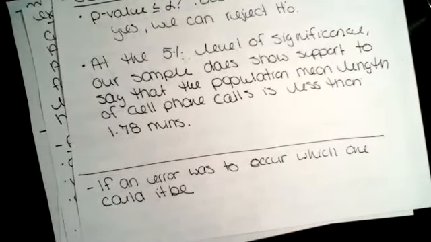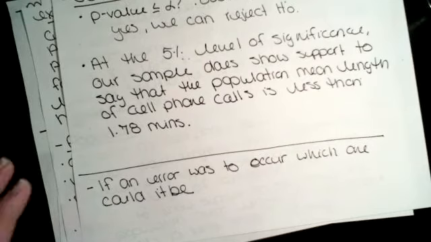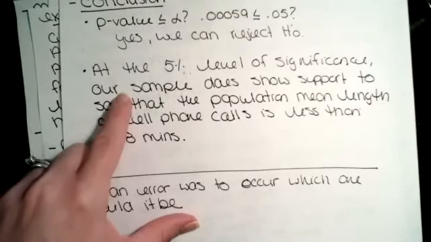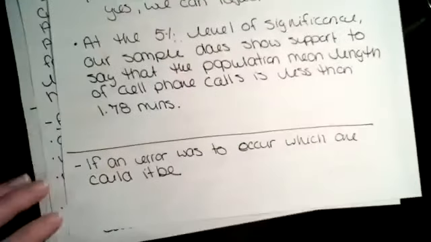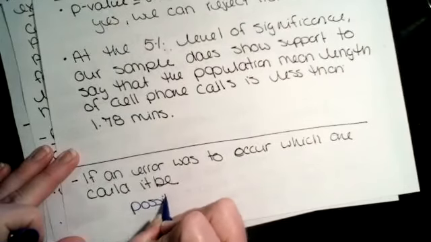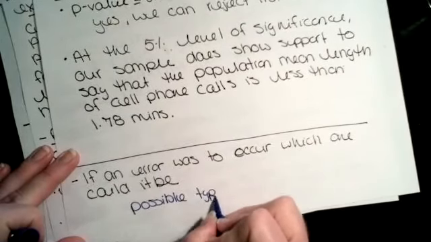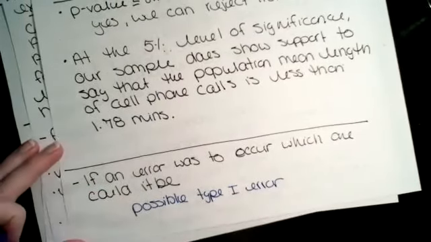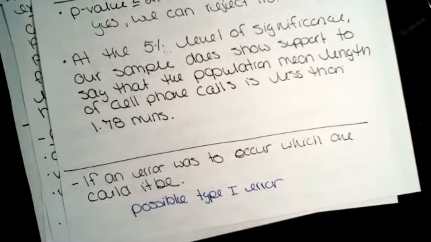You never want to say, oh, a type 1 error or a type 2 error happens. No, it's the possibility that one of those errors could happen, right? So which one could it be here? Well, remember, a type 1 error is if you reject the null. A type 2 error is when you do not reject the null. So here I've said that I've rejected the null. So the idea here is that it's a possible type 1 error. So possibly a type 1 error could occur, okay?